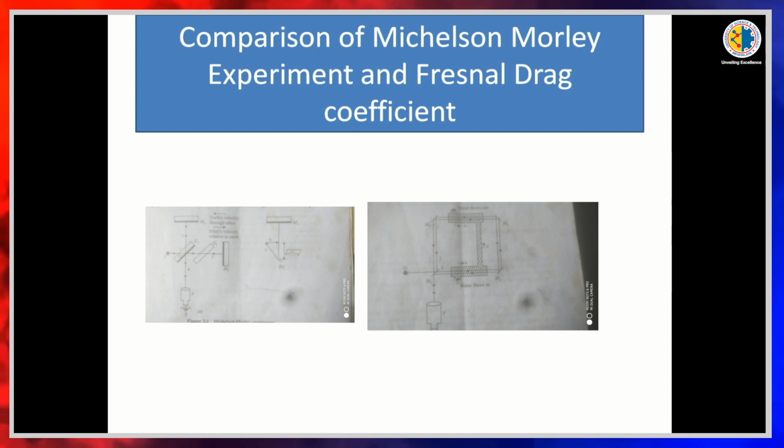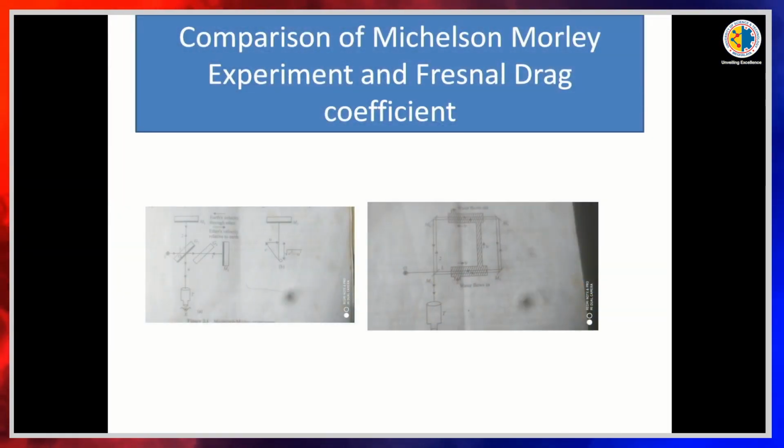In the Michelson-Morley experiment only 2 mirrors are considered, M1 and M2, but in the Fresnel drag effect 4 mirrors are considered, M1, M2, M3 and M4. A monochromatic source is taken in both experiments. In the Michelson-Morley experiment, another important thing is a glass plate, so that light is partly reflected and partly transmitted.